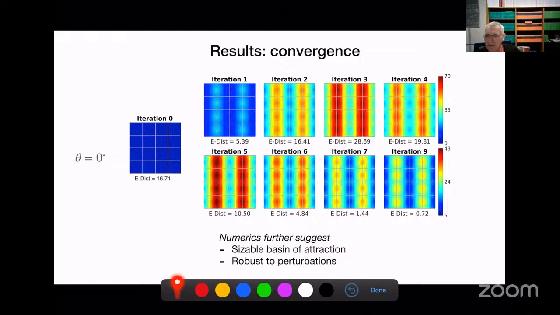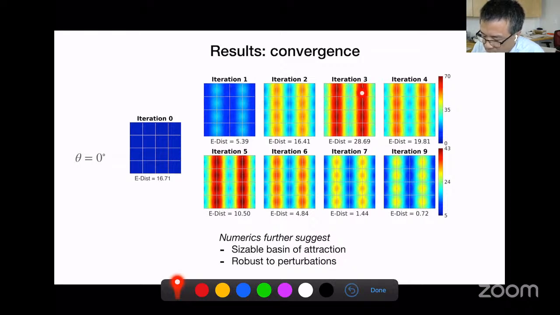Sorry, what do the numbers for the color mean? From 0 to 70, from 5 to 43? Oh, sorry, my apologies. This is the color map. These are the firing rates of the excitatory cells.